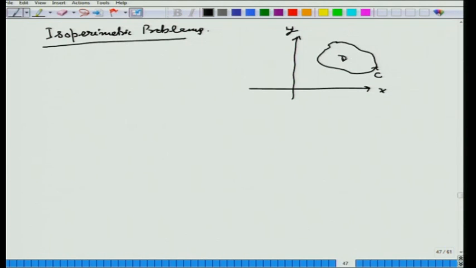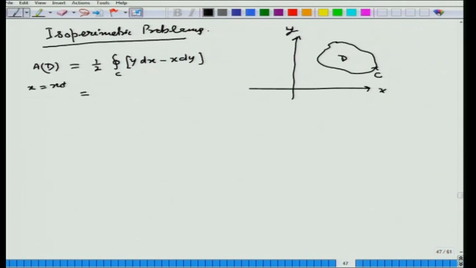We have seen that the area of D can be given by using that Green's theorem result. It is given by half of the integral over C of y dx minus x dy, like this. And the length of C is fixed here. So, we again take C as a parametric curve.